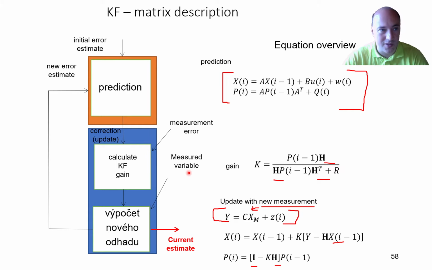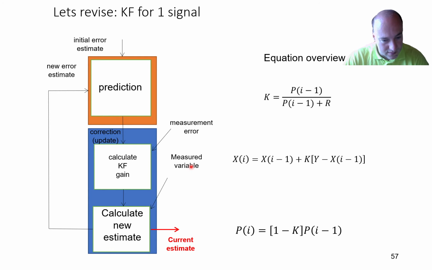For example, you may measure acceleration, angular velocity, barometric pressure, magnetic field, whatever, and you can include this very easily in a single model or a single equation with the Kalman filter. So the measured variable that we have here does not have to be a single variable, but it may be more variables.